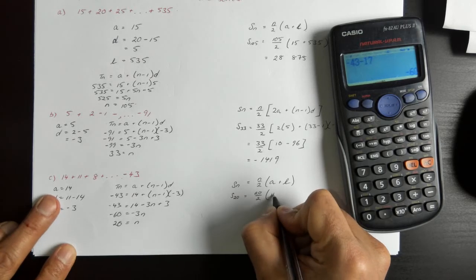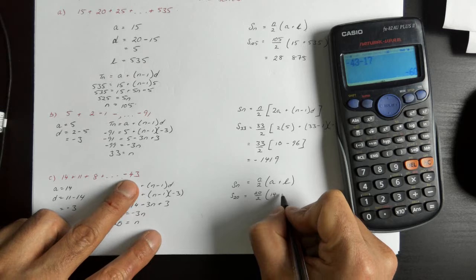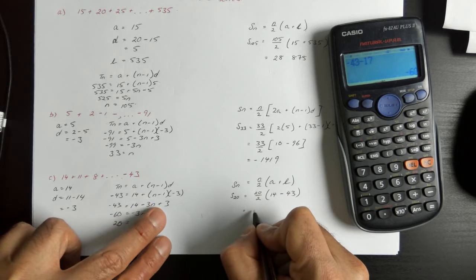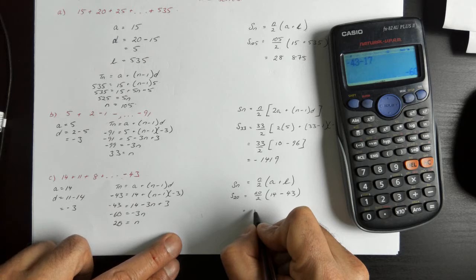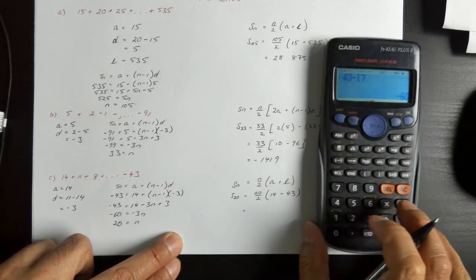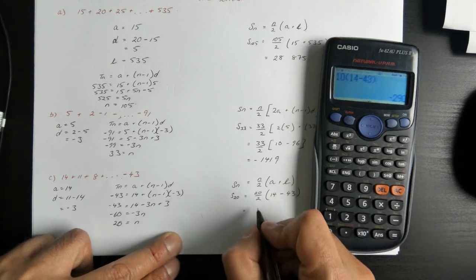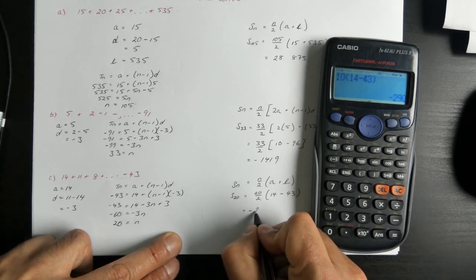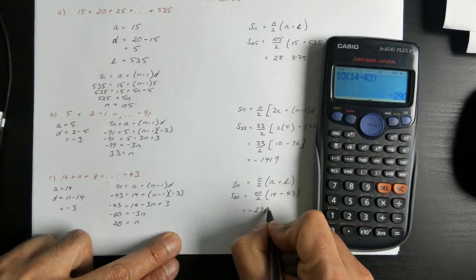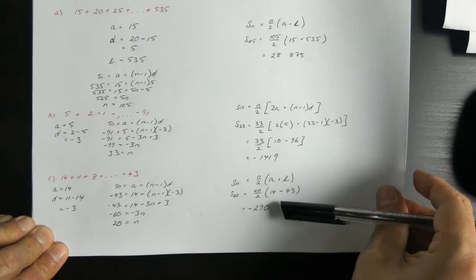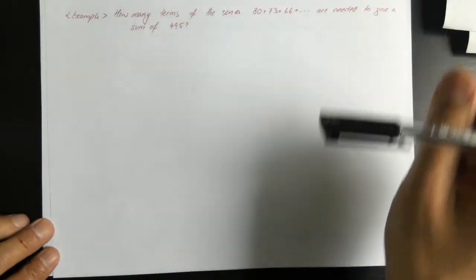A was 14, and my last term was negative 43. I would get, so 10, 14 minus 43. So the sum of the first 20 terms is negative 290. All right.